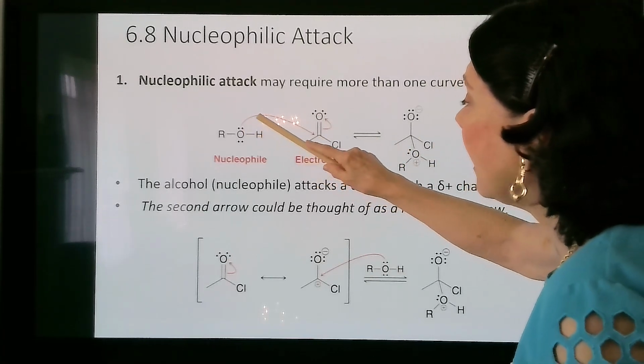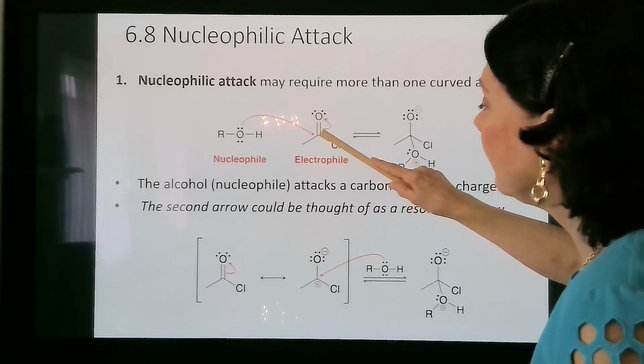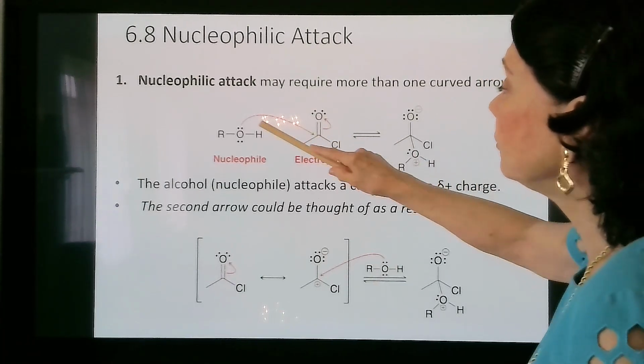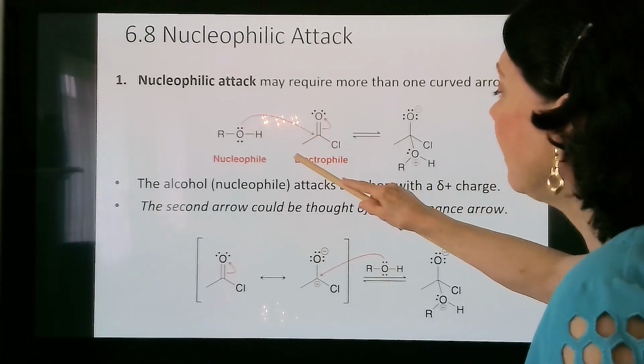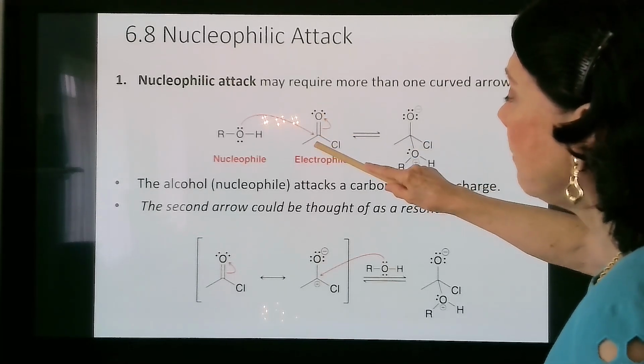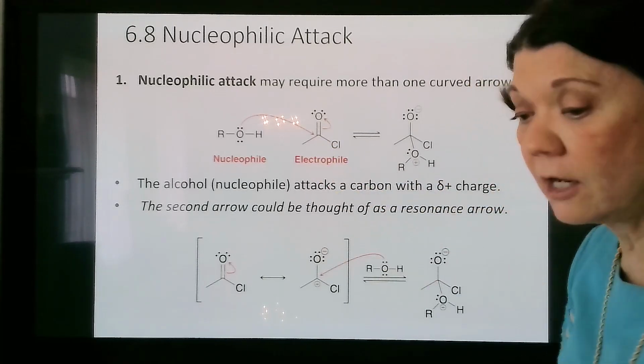So this is not actually going to come up here and attack. This would be more like it's occupying the antibonding orbital of the carbon-chlorine bond. So that makes no sense. So this really should come down and point straight up that carbon-oxygen bond, and it will occupy the antibonding orbital that's right there.